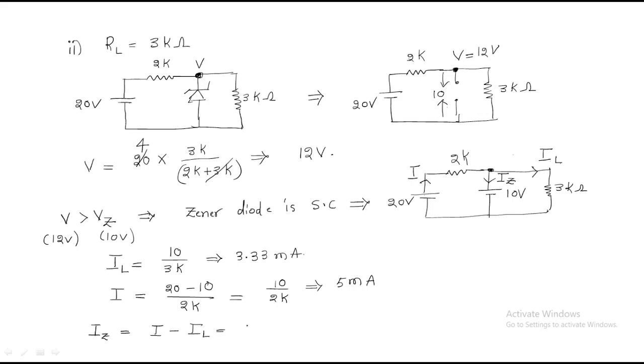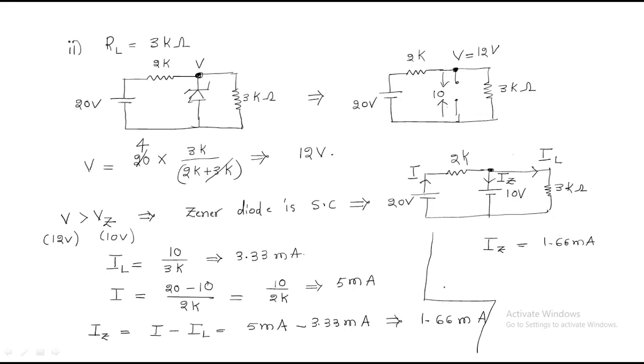The total current is 5 milliamps and the load current is 3.33 milliamps, so the current flowing through the GNR diode is 1.66 milliamps.